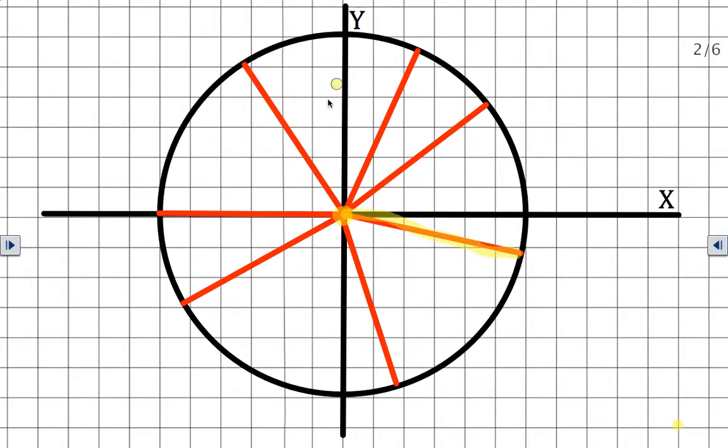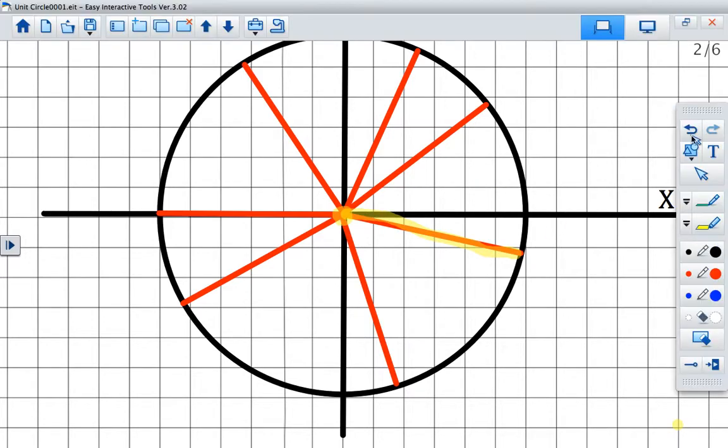You can notice all these red lines. Those are all radii of the circle. Okay, so each radius is just 1 unit measurement. It's not in feet, it's not in inches, it's just 1 unit, so hence the name unit circle. All right.